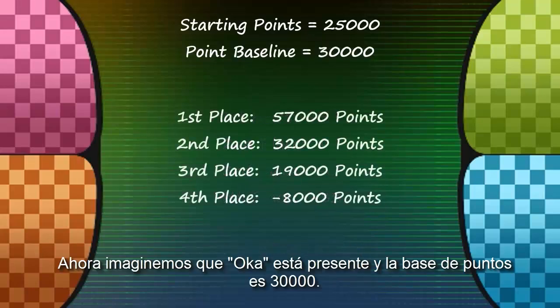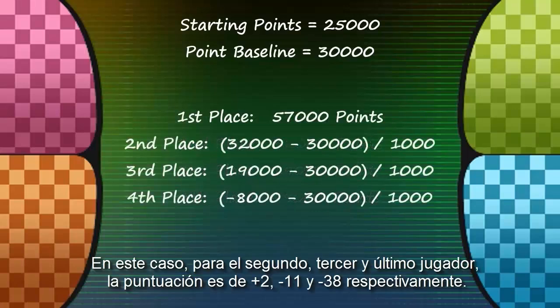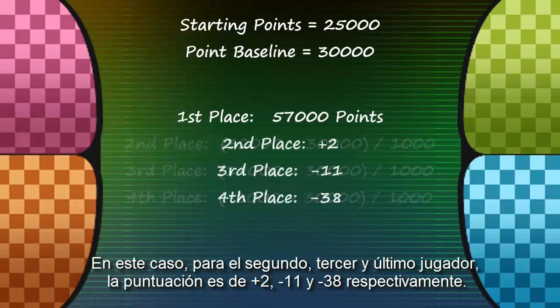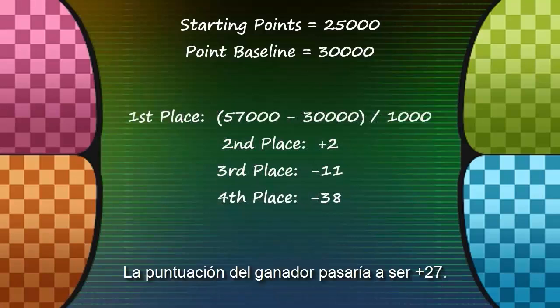Now let's assume that Oka is present, and the point baseline being used is 30,000. This time, the final scores for second, third, and fourth place work out to +2, -11, and -38, respectively. First place works out to only +27.